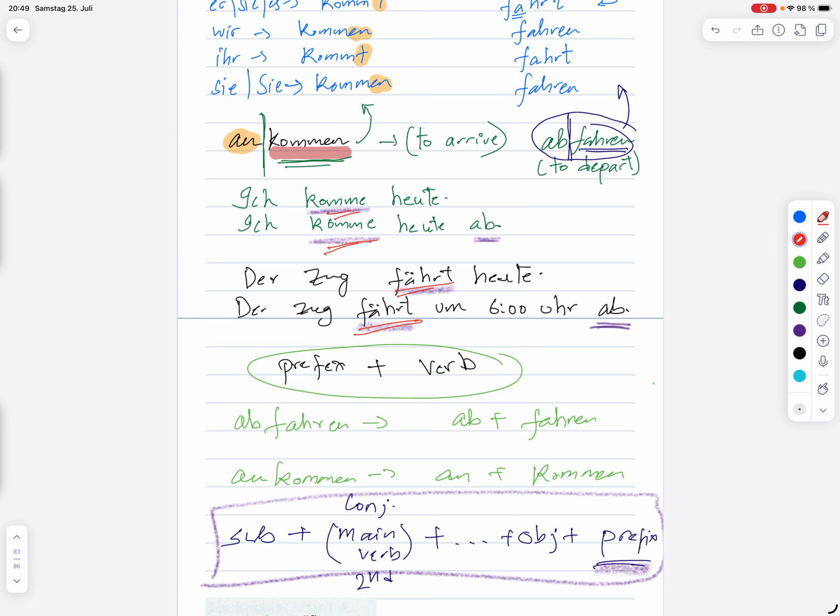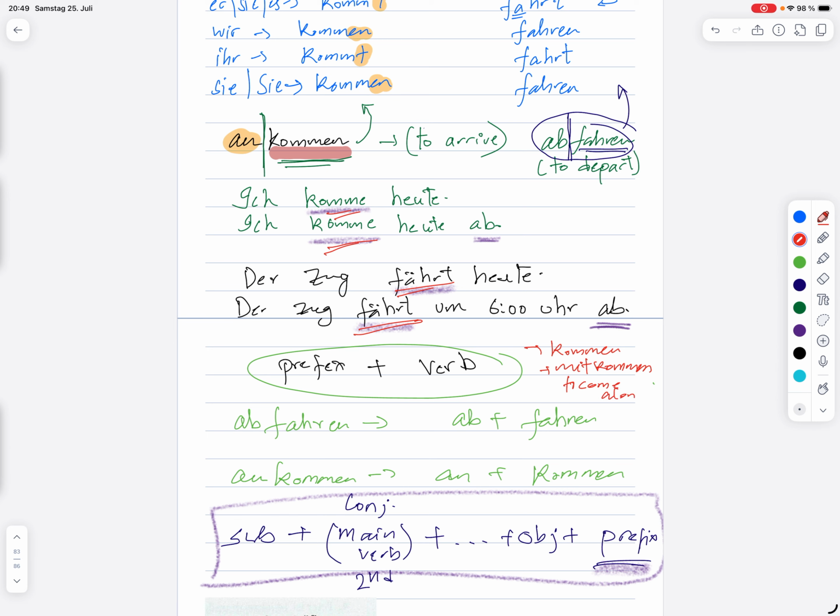But here it is true, but you will find some verbs where you added a prefix. For example, we can use kommen, and then you can have mitkommen, right? In this one, kommen is to come, and mitkommen means to come along.